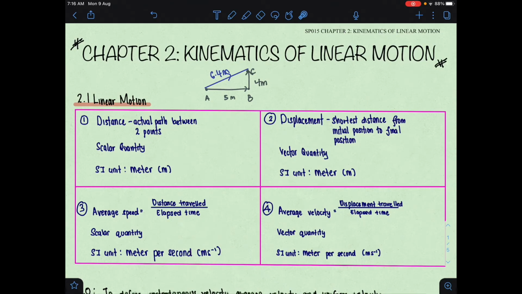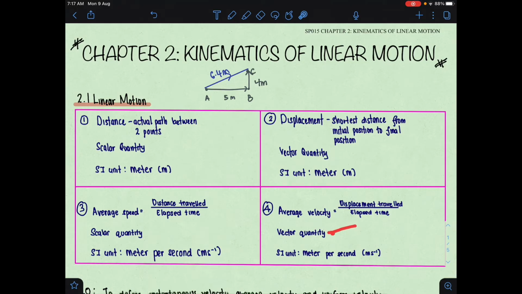Next is the average velocity. Average velocity is the displacement traveled divided by the elapsed time. So apa kita buat adalah, you take the displacement yang tadi kamu kira which was the shortest distance, you divide by the time taken to reach that particular point, you get your velocity. Since your displacement is a vector quantity divided by time, which is a scalar quantity, you end up with your velocity as a vector quantity.